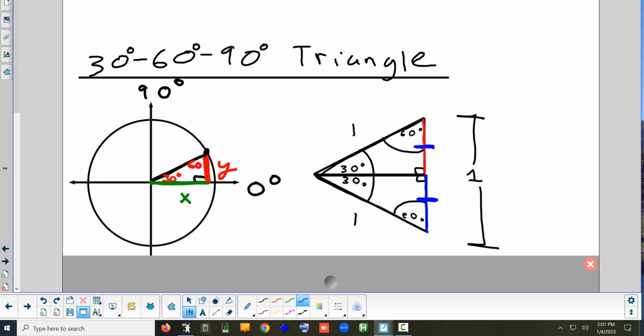So we have 2 line segments that are the same length, and they add up to give me 1. So how long must each one of them be?